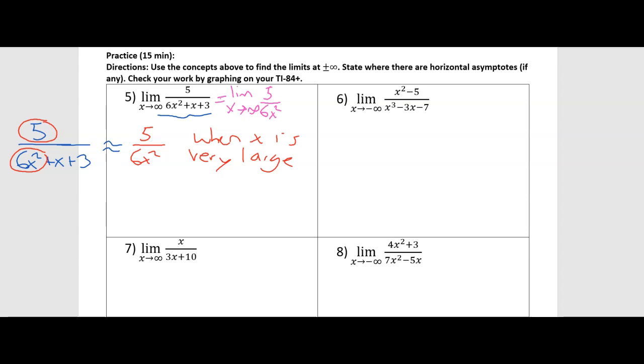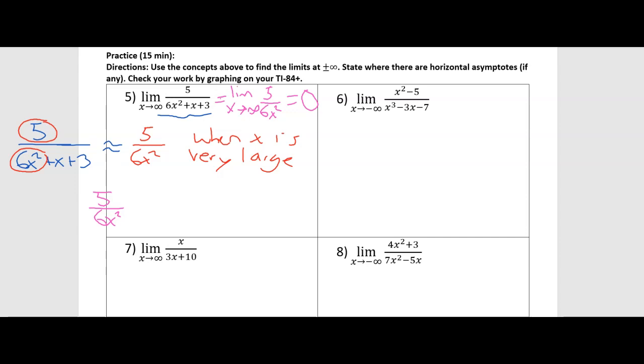And we know that if the denominator has a higher power than the numerator, then the limit at infinity and the limit at negative infinity, although this question is just talking about the limit at infinity, is going to be equal to 0. But we can think through this. If we forget the rule, we can say, okay, if I have a fraction 5 divided by 6x squared, 5 is always going to stay the same regardless of what x is.